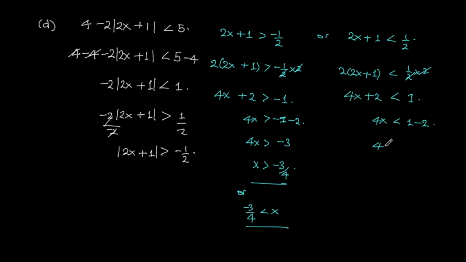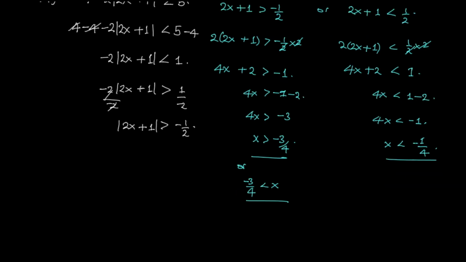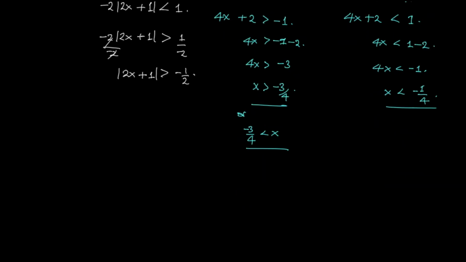So that simplifies to negative 1. Dividing it by 4, so our x is less than negative 1 over 4. So these are the possible solutions for these two simpler inequalities.